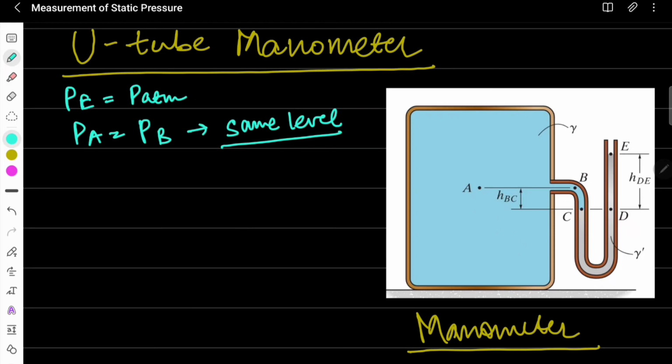So using the same principle I discussed, we can write that PC is equal to PD. Once you are able to figure out all these observations, it is very easy to calculate the pressure at any location.